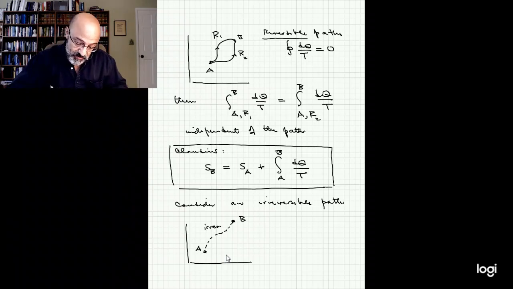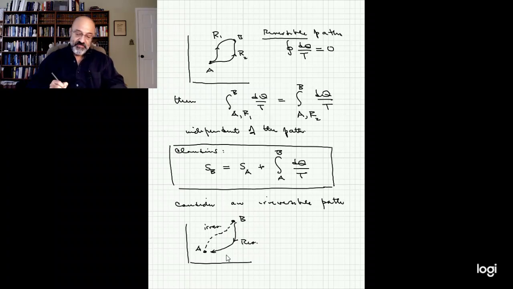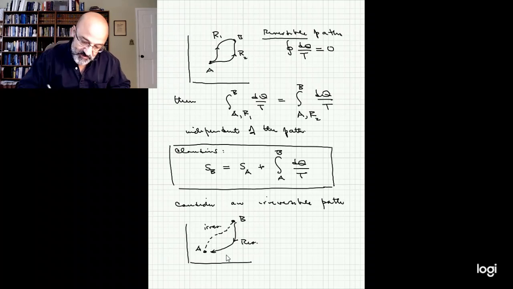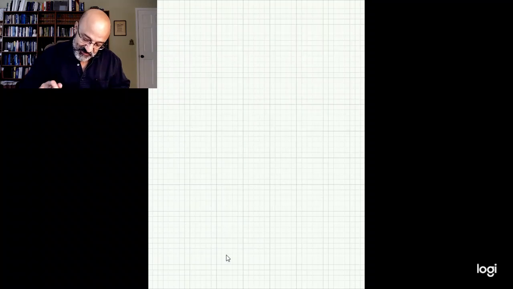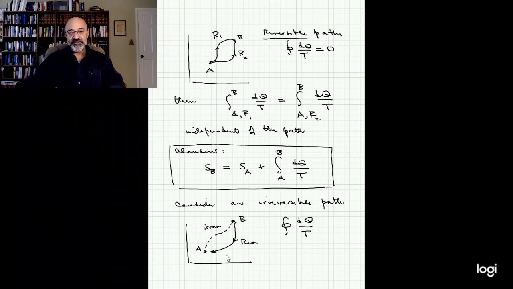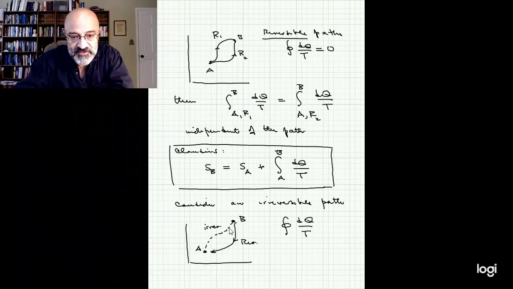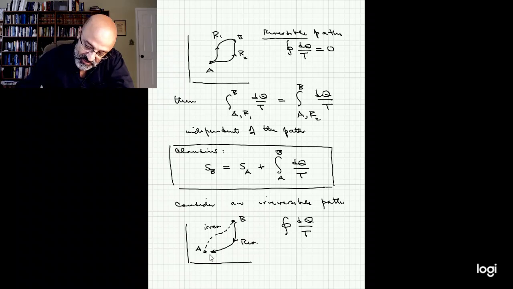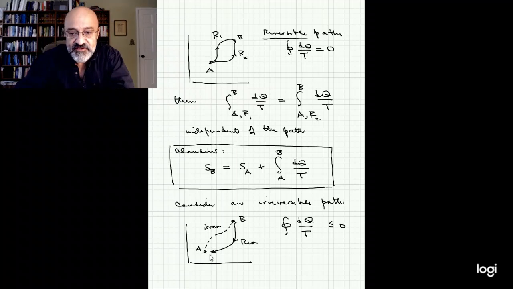So suppose you go from A to B and then you return by a reversible path. Let me draw it like here. For this particular cycle, that is irreversible along one chunk and then reversible along the other, we're going to have that this is less than or equal to 0.